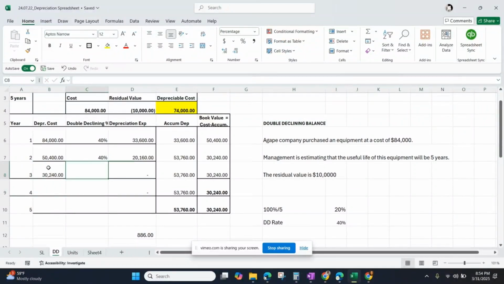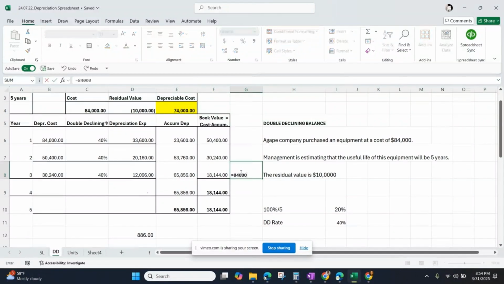Depreciation is calculated by the double declining rate, and we get a depreciation expense of $12,096, which gives us an accumulated depreciation of $65,856, the sum of the accumulated depreciation for the second year plus the depreciation expense of the third year, right? So that gives us a book value of $18,144, which is $84,000, the cost, minus accumulated depreciation so far.